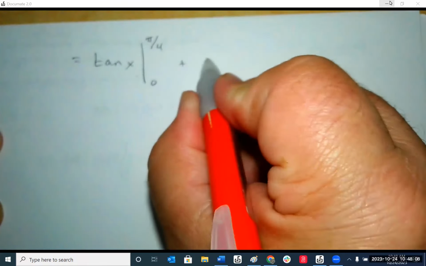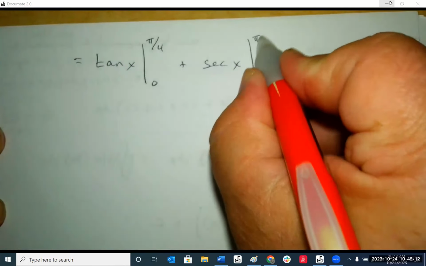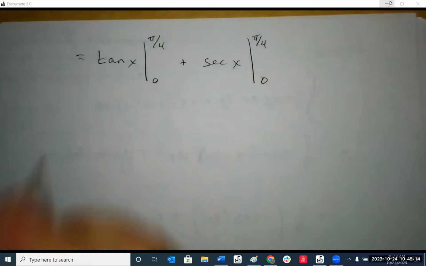So we have tangent x from 0 to pi over 4 plus secant x from 0 to pi over 4.